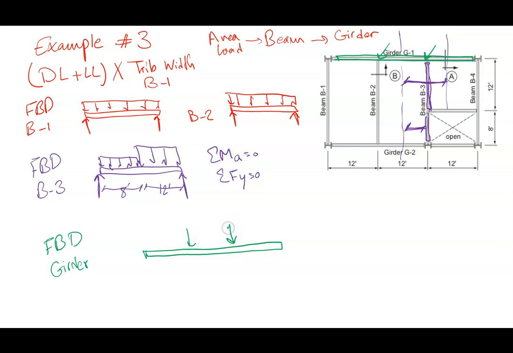Where we had 2-point loads transferred from beam B2 and beam B3, and also dead load of girder. This is also not a symmetric system, so we have to use sigma M is equal to 0 and sigma Fy is equal to 0.